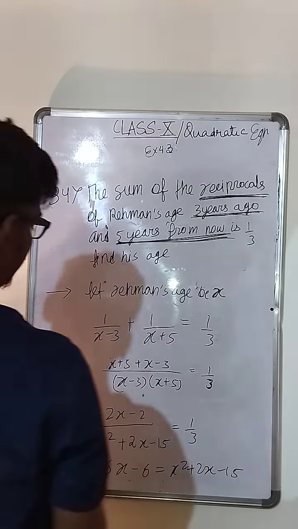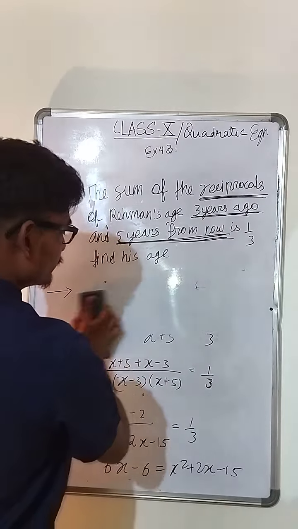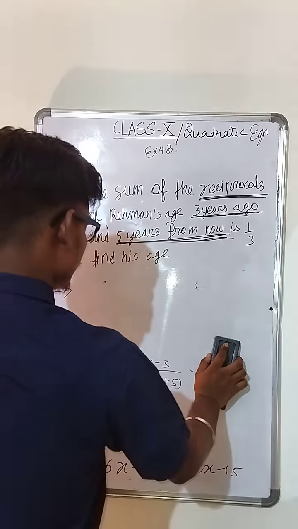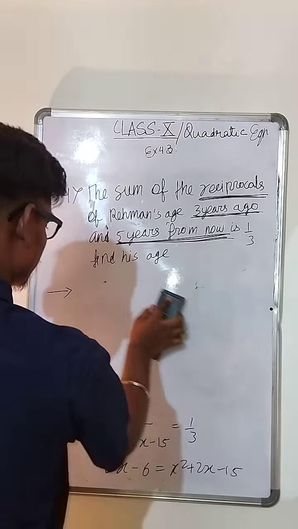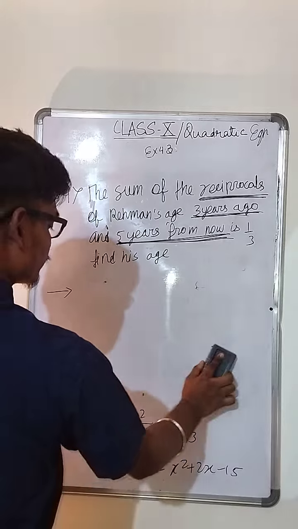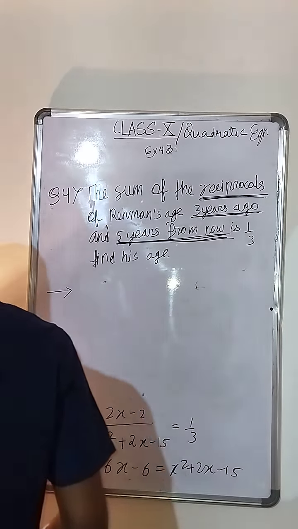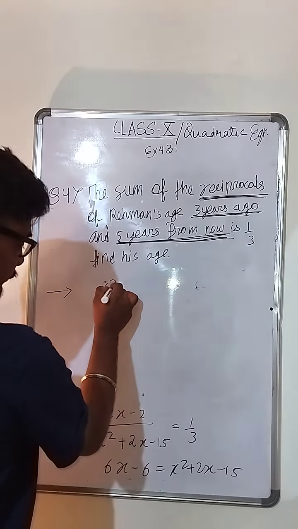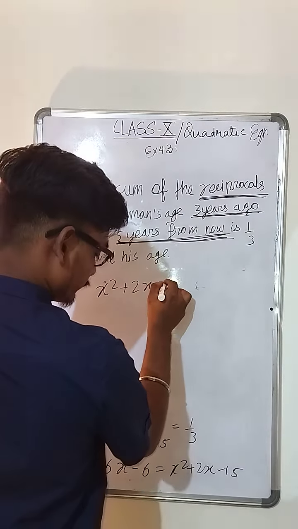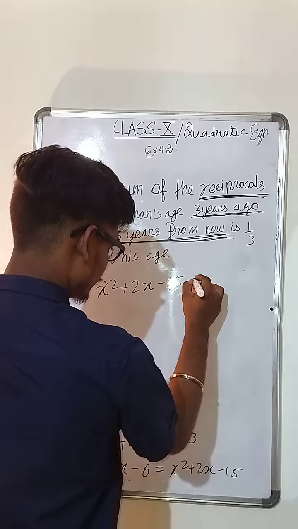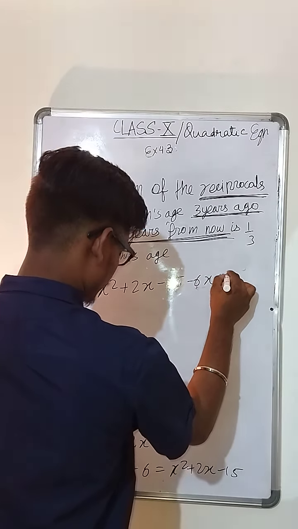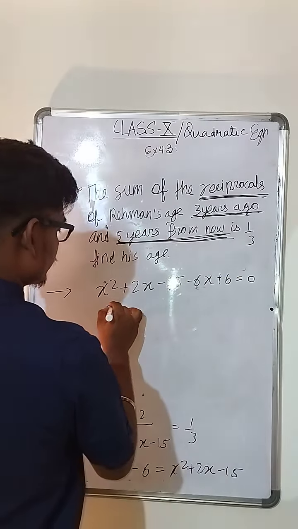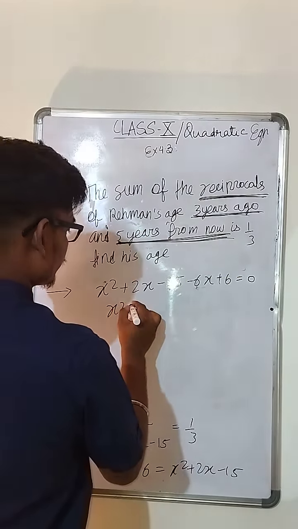Okay, so x square minus 4x minus 9 equal to 0.